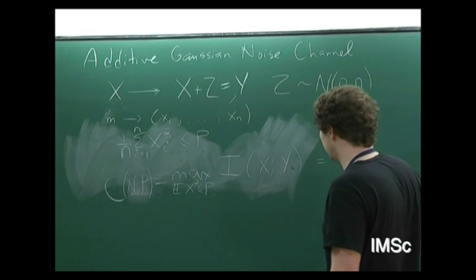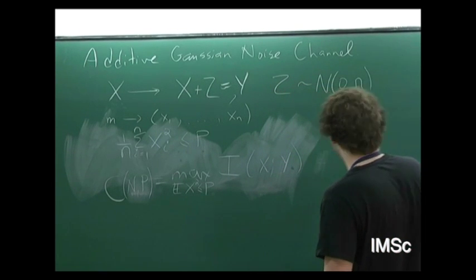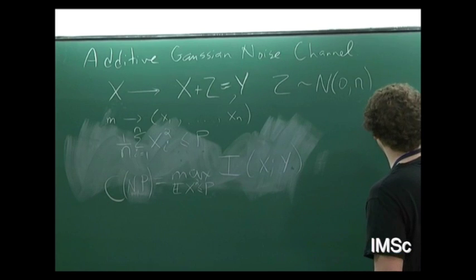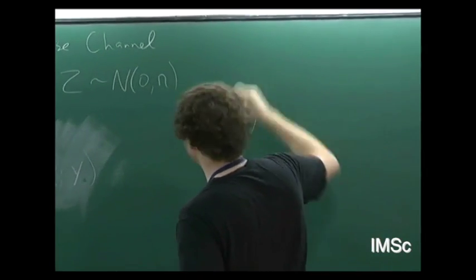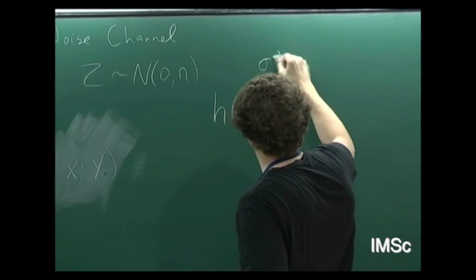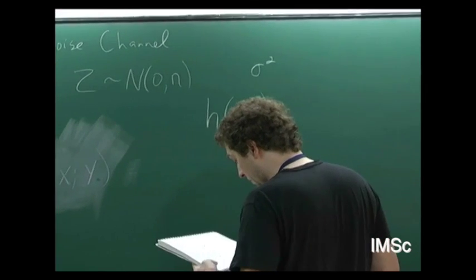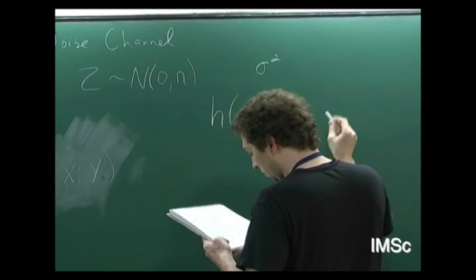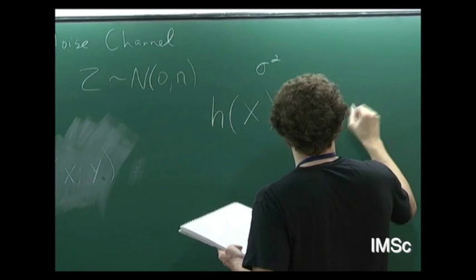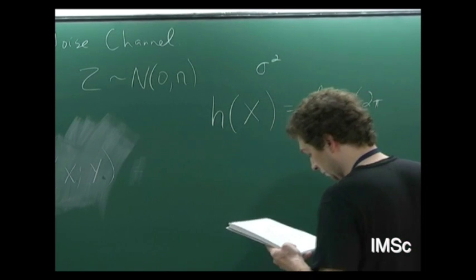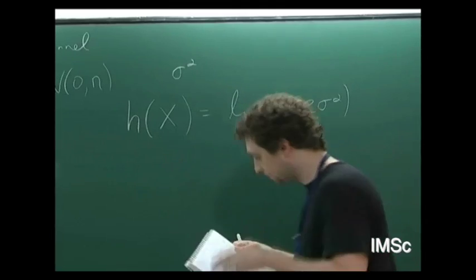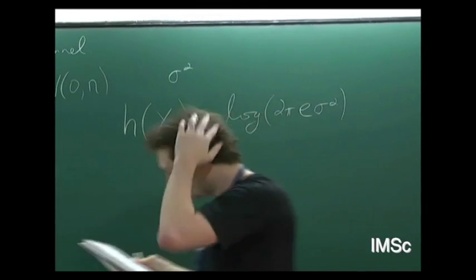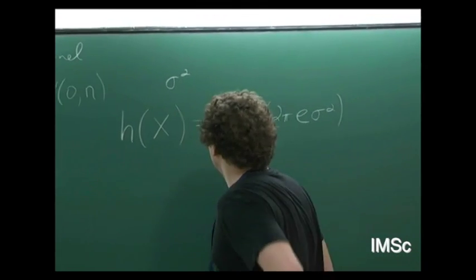And if I have a Gaussian random variable, call it x, if it has variance sigma squared, then the entropy of such a variable is just going to be log 2 pi e times sigma squared.